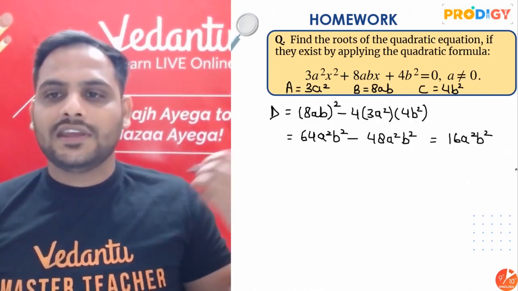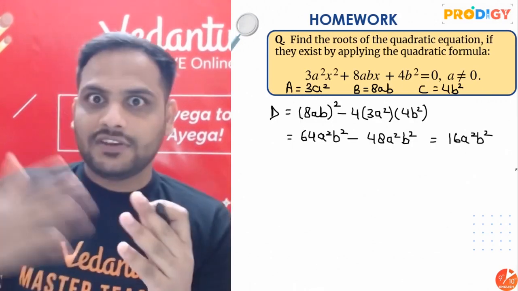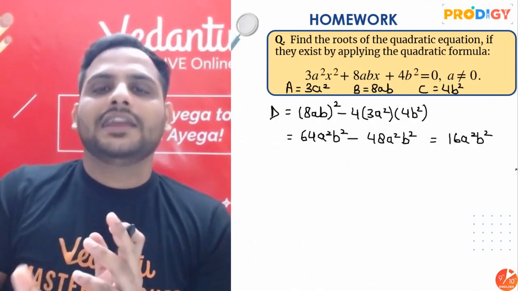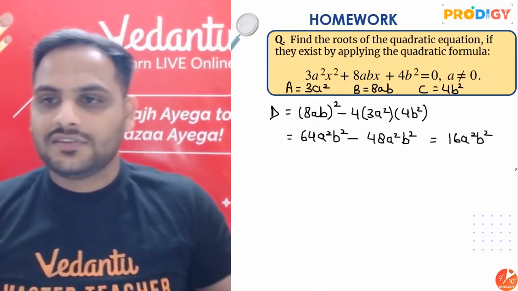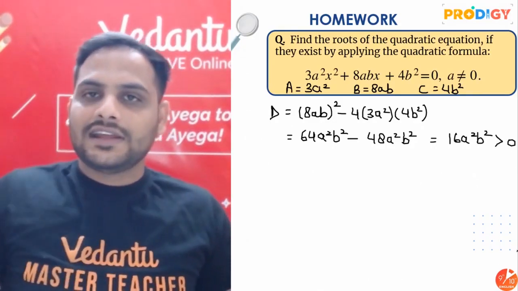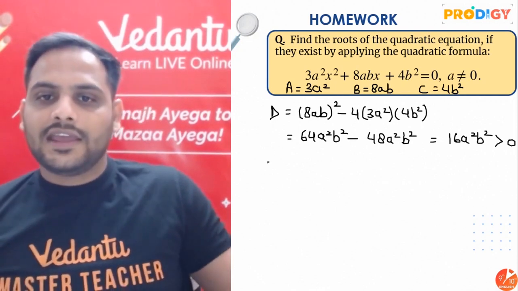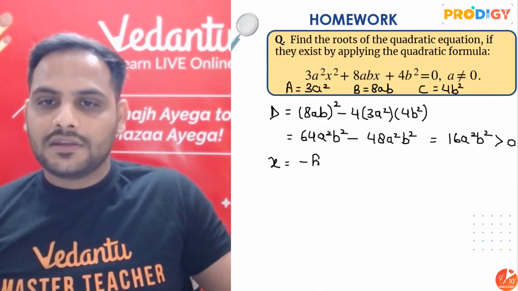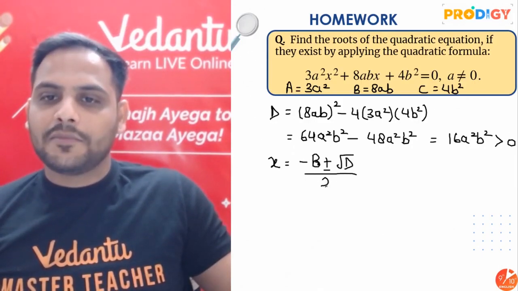As you can clearly see, a square will be a positive number, a perfect square is always positive, b square also will be positive, 16 again is a positive number, so this is greater than 0, so real roots exist and they will be distinct and real. So the roots will be minus b plus minus square root of D divided by 2a.